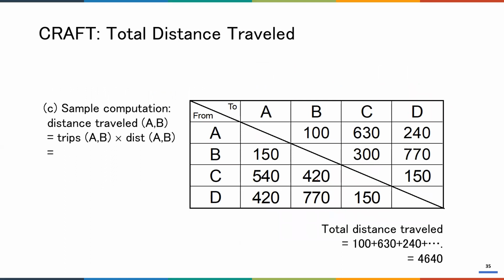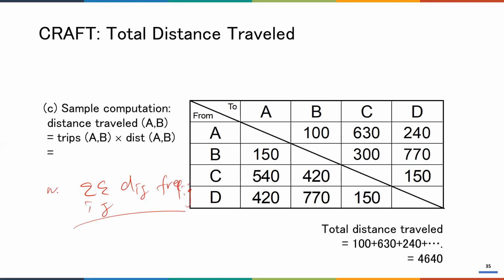The total travel distance is almost the same as the load distance metric: the number of trips multiplied by the distance, and then you get the total distance traveled by summing everything. So in this case, for A to G, you multiply the distance and the frequency of movement or trips.